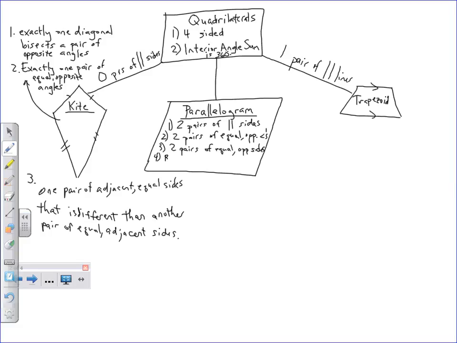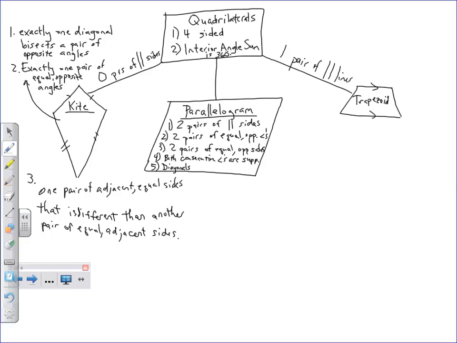We know that consecutive angles have to be supplementary, again, supplementary meaning adding to be 180. And the last one is that the diagonals bisect each other.